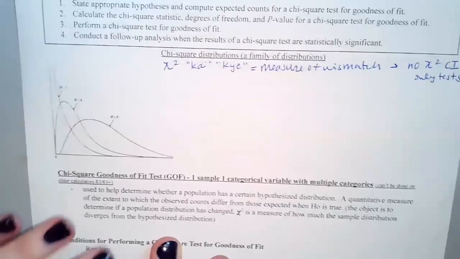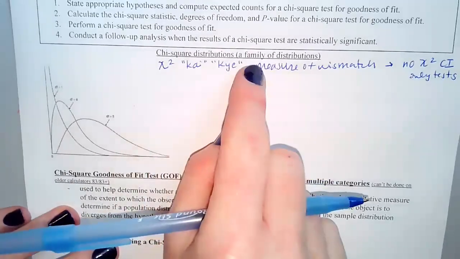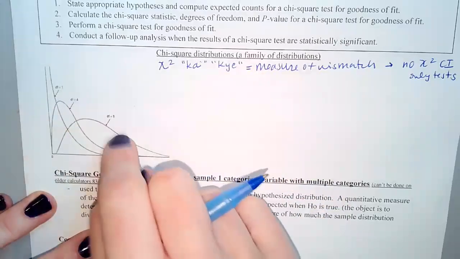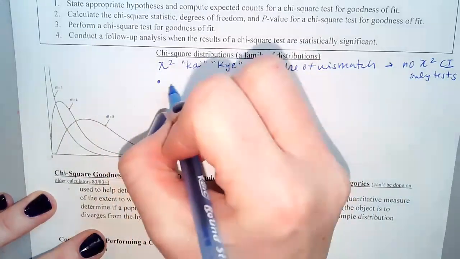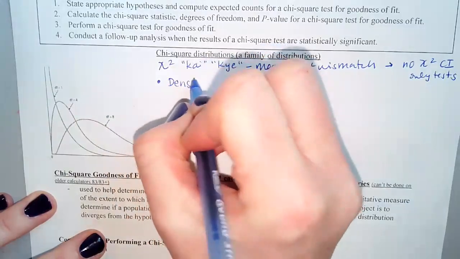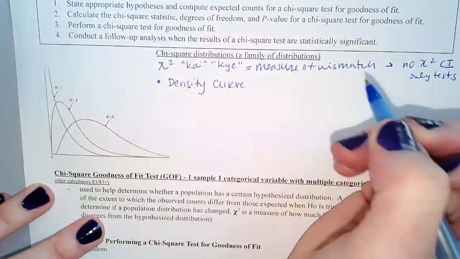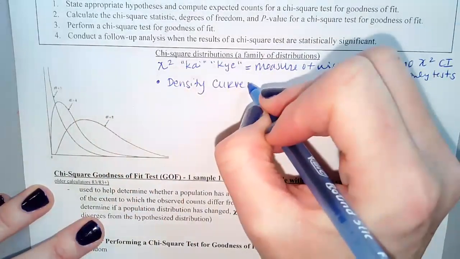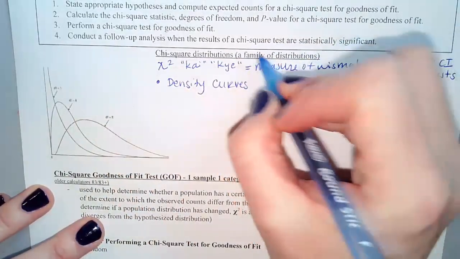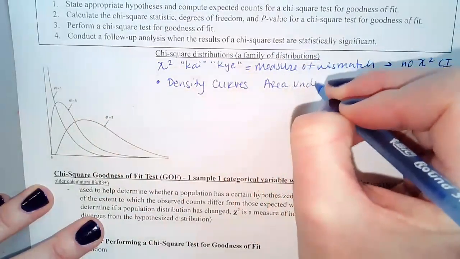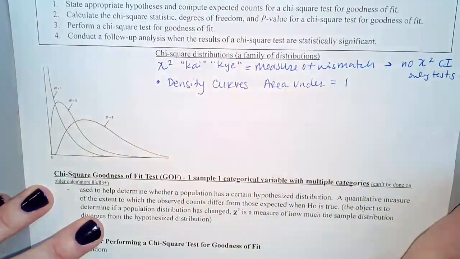Okay, so the chi-squared distribution is like the T distribution. It's a family of distributions that depends on the degrees of freedom. Just like the normal curve and the T distribution, it's a density curve, and it's a family of density curves where the area underneath is equal to 1.